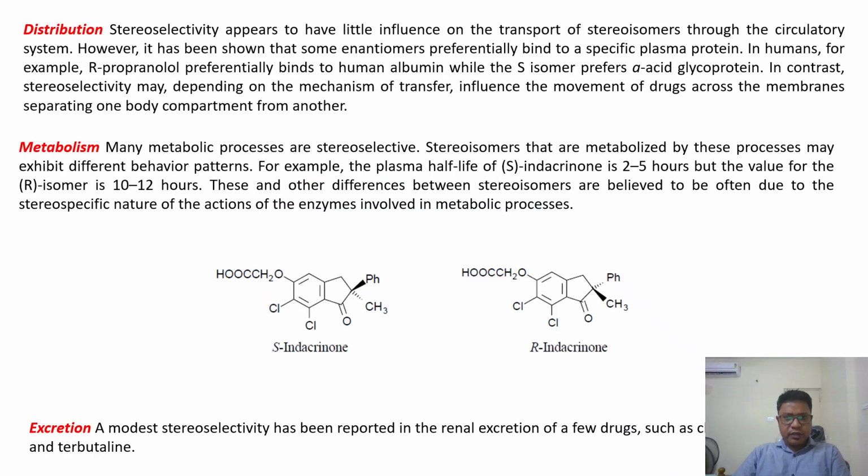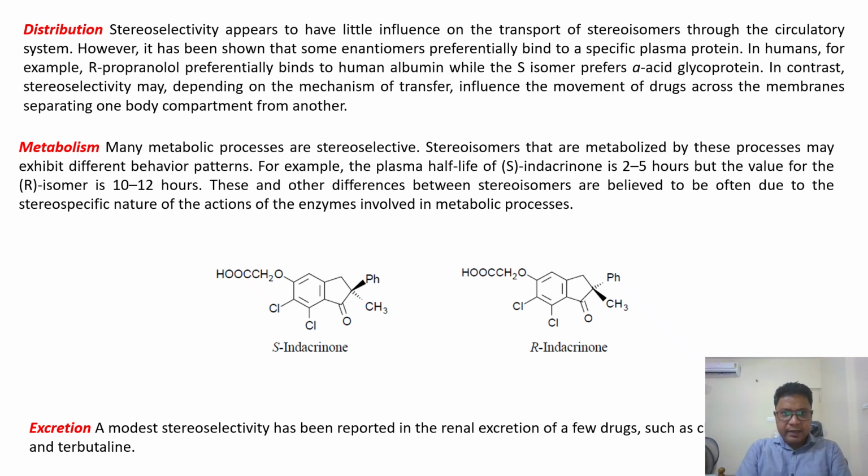Similarly, in distribution, stereoselectivity appears to have very little influence, because distribution is happening through the blood, so there is no proper binding or three-point fit model. The drug is just getting soluble in the blood and distributing. So that's why there is very little impact of the stereochemistry in the distribution or transport.